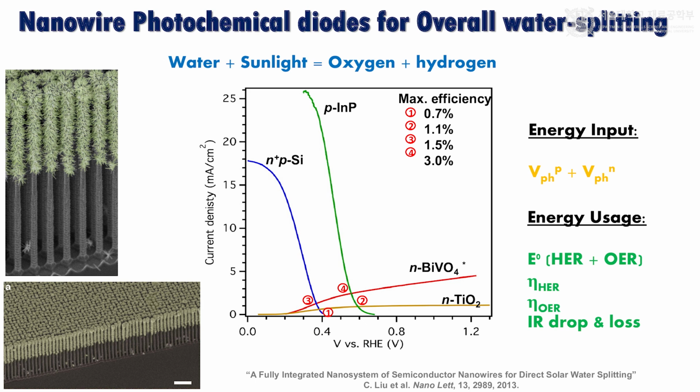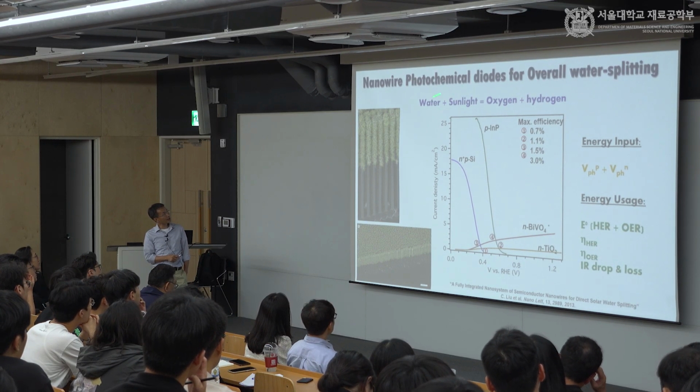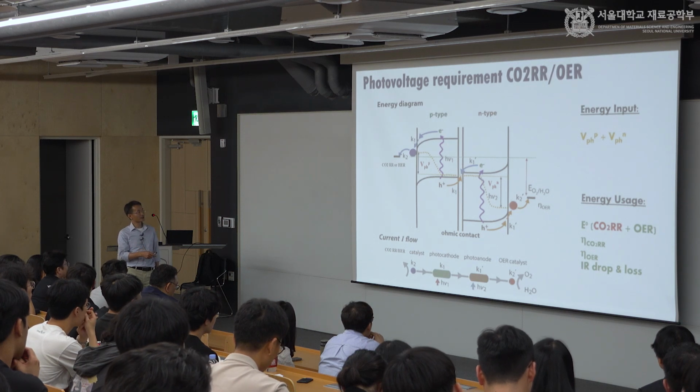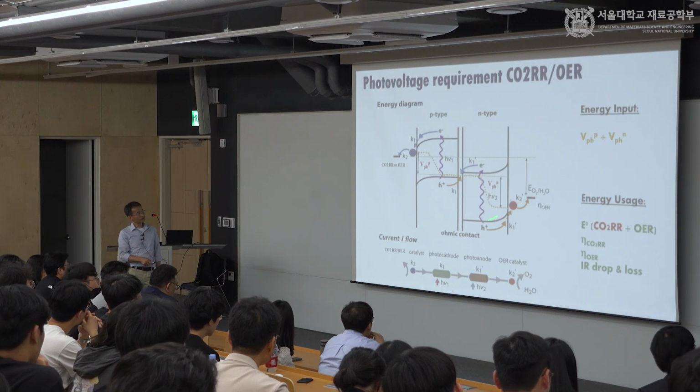Now here's the real energy problem when we design this system. We apply this nanowire diode, titanium oxide. So we have a problem. If we want to apply the nanowire version of the photochemical diode concept to CO2 reduction, we have a photovoltage problem.